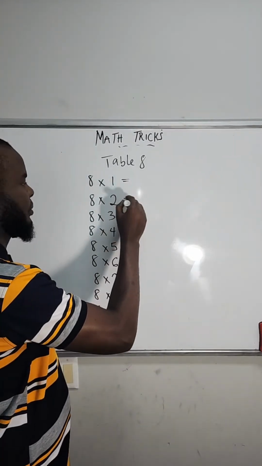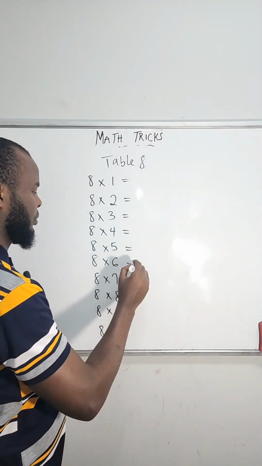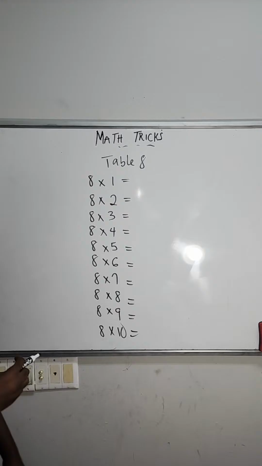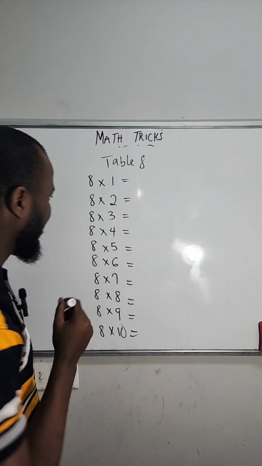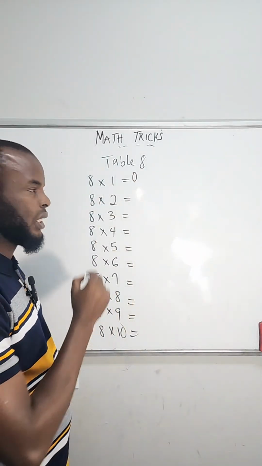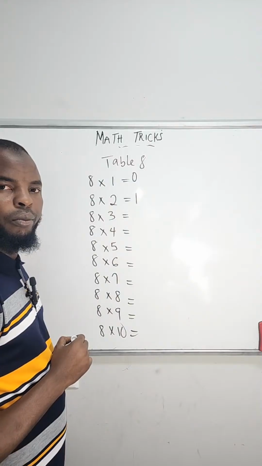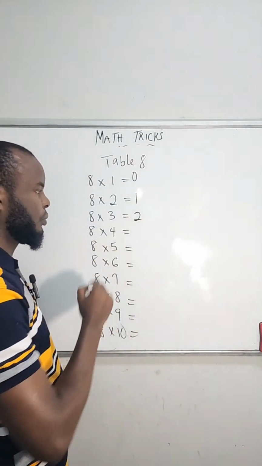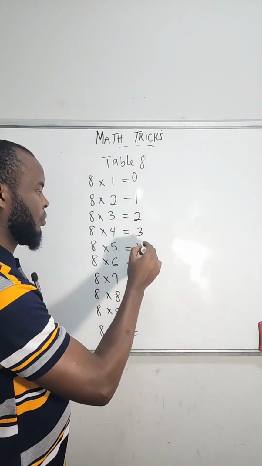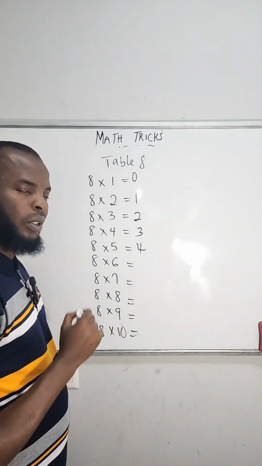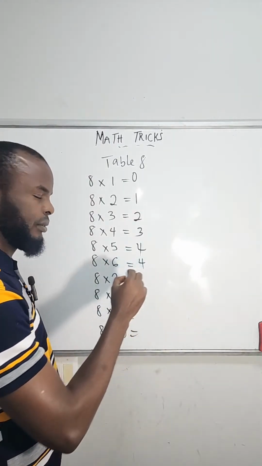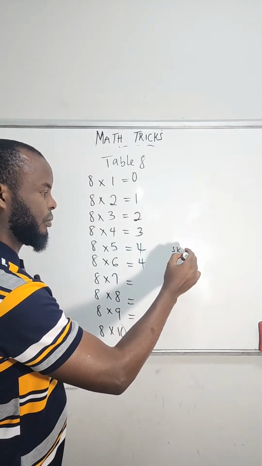Okay, let's start. You start from 0, 1, 2, 3, 4. Now, instead of writing 5, we write 4 again. So we skip 5.